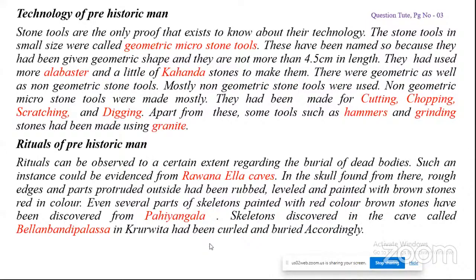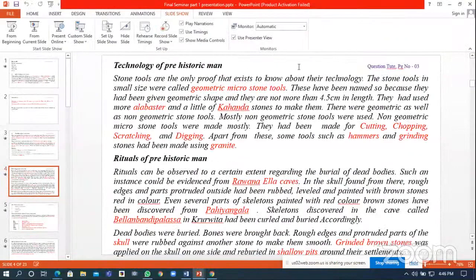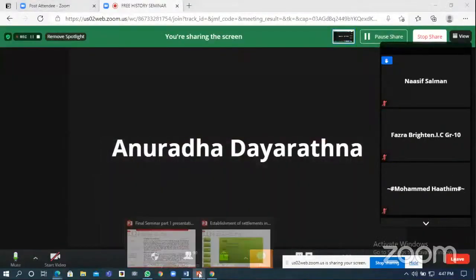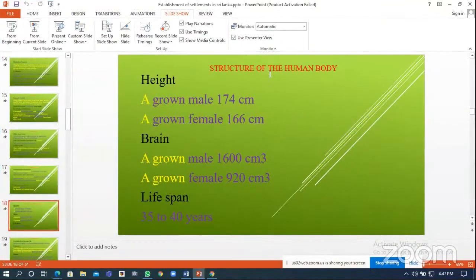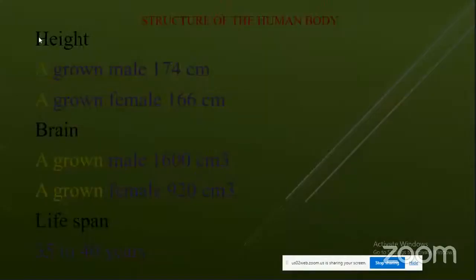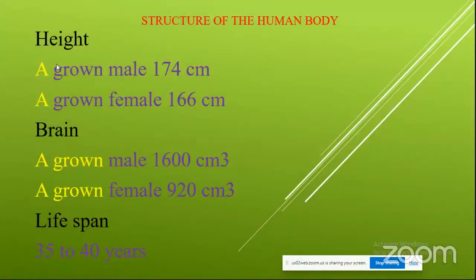Right. So now shall we move on to the theory part once again? We discussed up to here. This is the height of the Stone Age man of Sri Lanka: a grown male 174 centimeters, a grown female 166 centimeters.